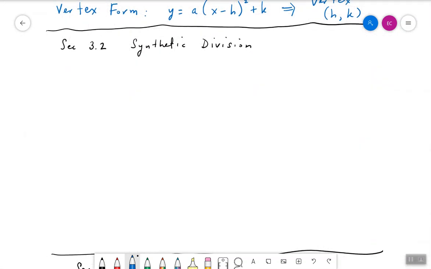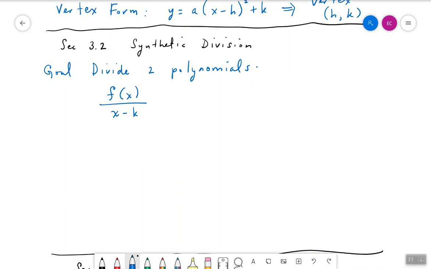In 3.2, we introduced synthetic division, and the goal was to divide two polynomials. And we had several ways to write our answer. The basic idea is to divide a function f of x by another function, but the function in the denominator is just x minus k.